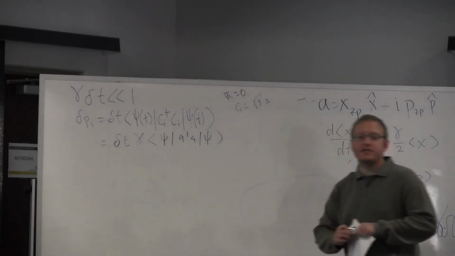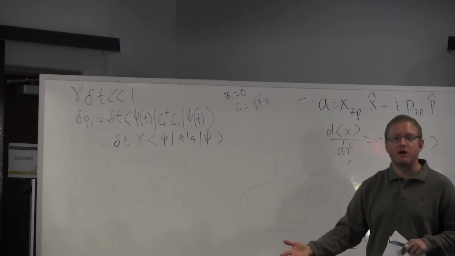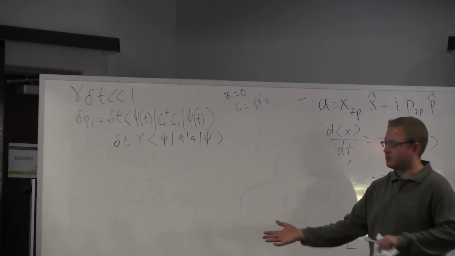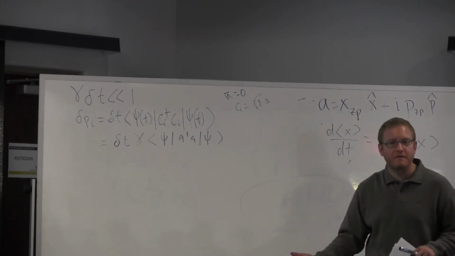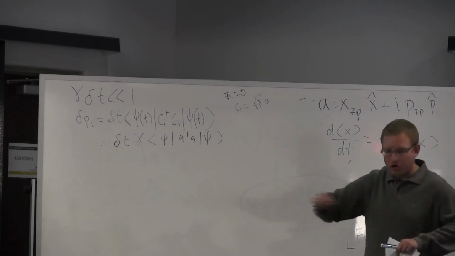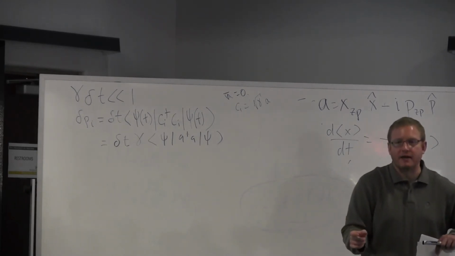So when I'm doing numerics, what I do is I pick a random number between 0 and 1, and I see whether it is small enough for this event to actually occur during this small time interval I'm looking at.